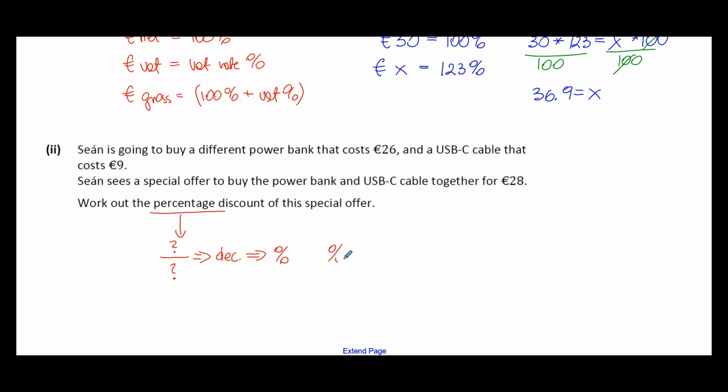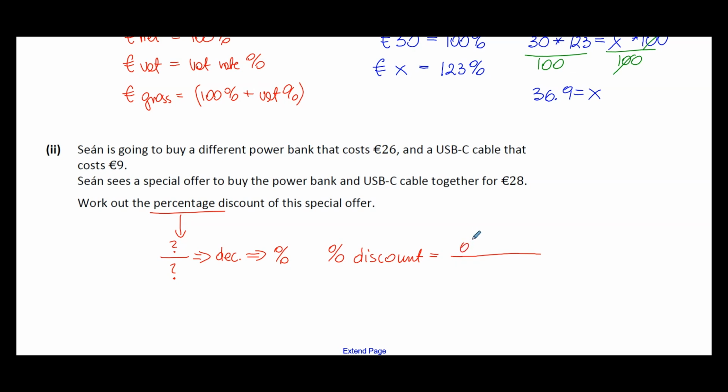When it comes to percentage discount, to break it down in the simplest way that will always work for you, we can consider two values, the old value and the new value. The old number and the new number. That's how we make it really simple.